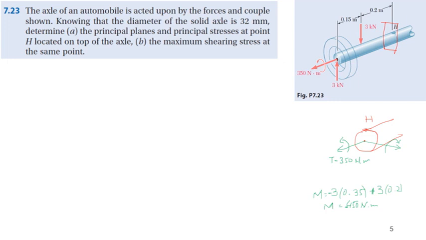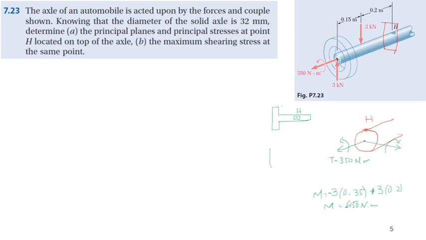Means if I look at the top view of the axle, it will be something like this, and this point H, and we are taking a small element at H, and we are interested in what the stresses are over here.